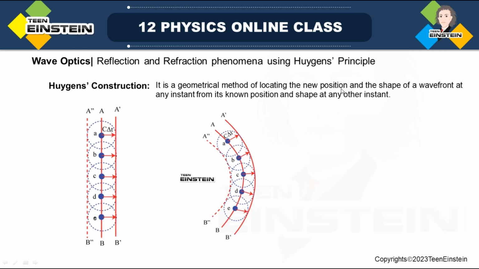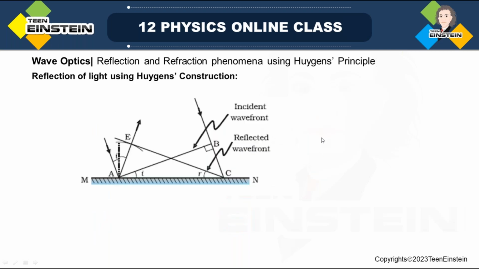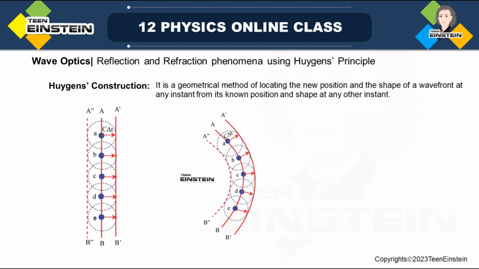As we have discussed in the introductory class, wave theory is a better theory. Any better theory must be able to explain the phenomena which were being explained with the old theory or old concept.